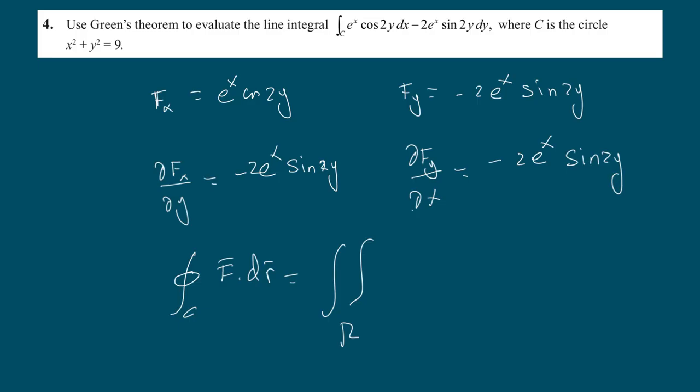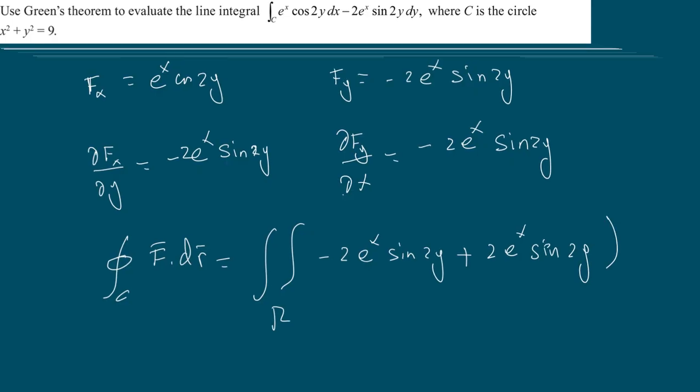Of the partial derivative of f_y with respect to x, minus 2 times e to the x sine of 2y, minus the partial derivative of f_x with respect to y: minus minus is plus, plus 2 times e to the x sine of 2y, dx dy. So here there is a cancellation. Oh, so this is 0. So the double integral of the function 0 over the region is 0.